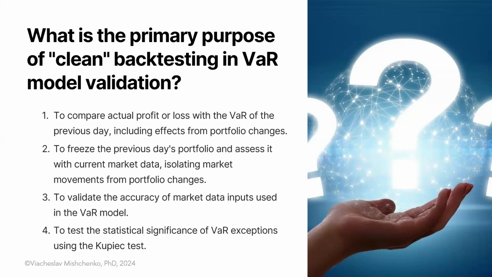This method, as was said before, isolates the effect of market movements from changes in the portfolio composition, which allows for a more precise evaluation of the value-at-risk model's accuracy in predicting market risk. That is why the second answer is right. If you do not have any questions, let's go on.